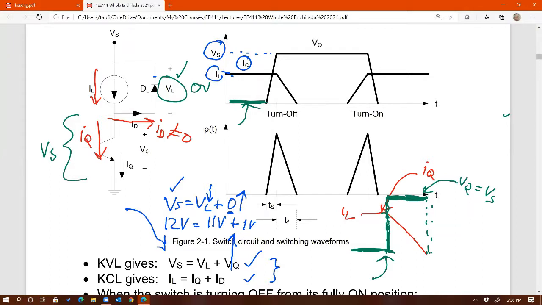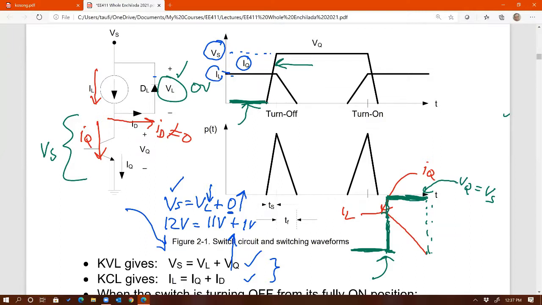Now you know why voltage has to come up first, not current. Because if the current goes down first, then what happens? Then voltage has to jump from 0 to VS, and that's not following the assumption. The assumption is that both voltage and current must change linearly, and also this is not practical. This is not realistic.